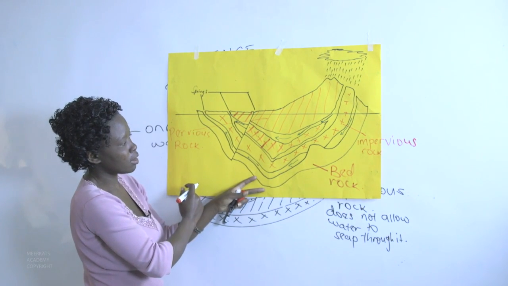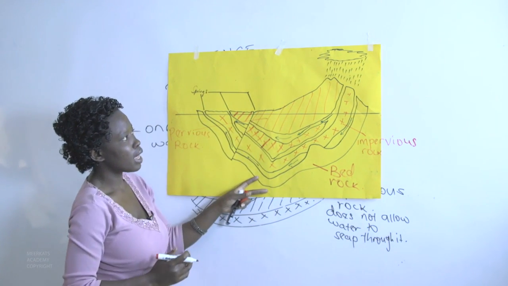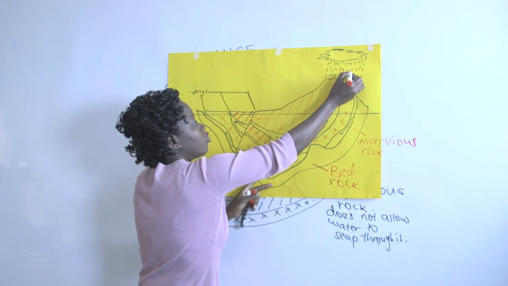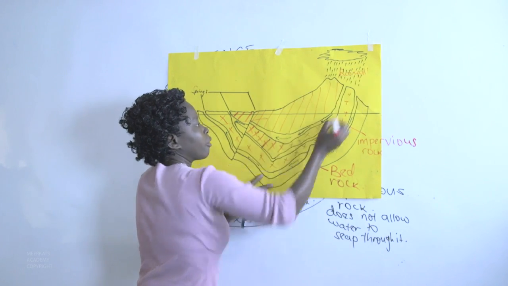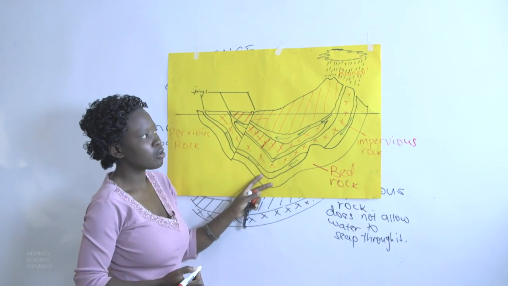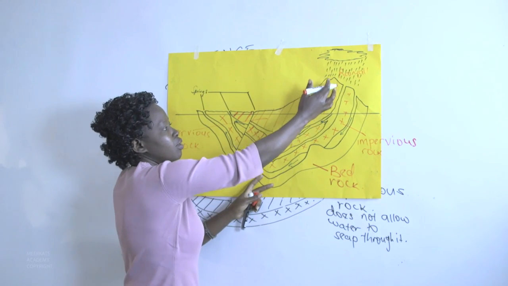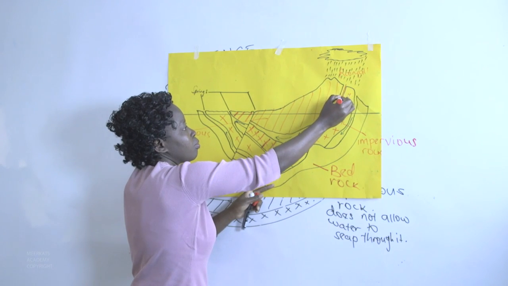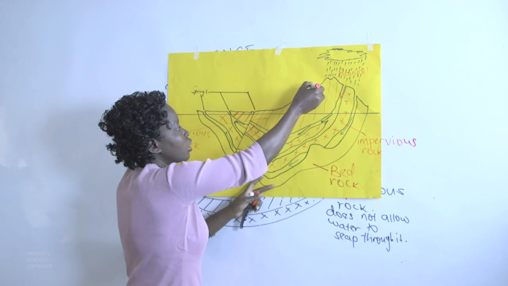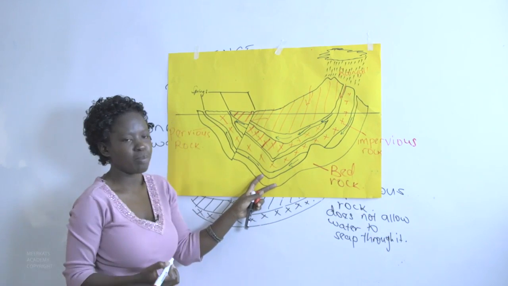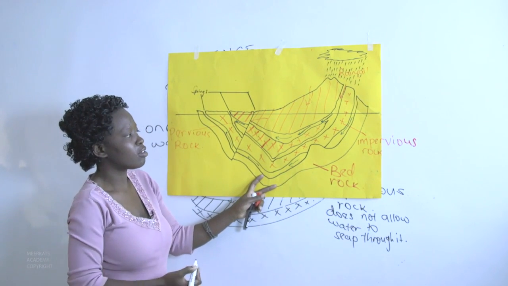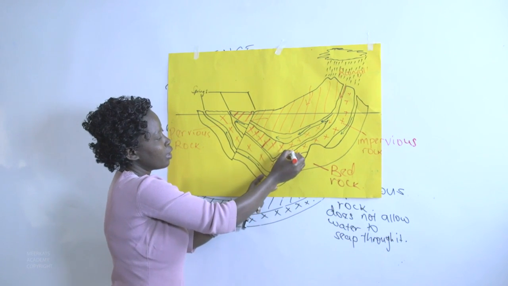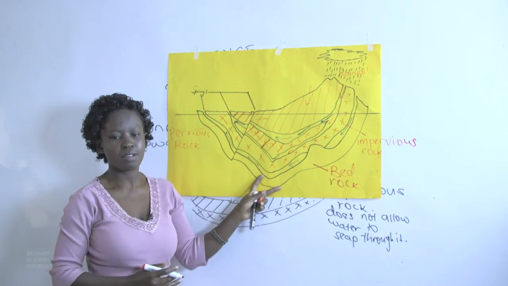So we've already said that the pervious rock will allow water. This is precipitation that is falling, maybe in form of rainfall. As this rainfall falls on the surface of the earth, it meets the pervious rock, so the water will seep in. There are some cracks in the pervious rock, or the rock itself will allow water to seep in, and as this water seeps in, it will come to a point where it reaches the impervious rock.